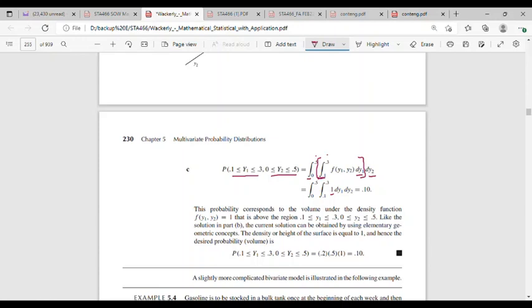So first, integrate 1 with respect to y1. Copy the 0.5 back because we have not finished yet. Integrating the constant 1 with respect to y1, you will have y1.